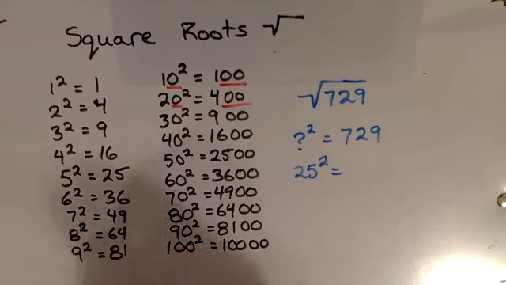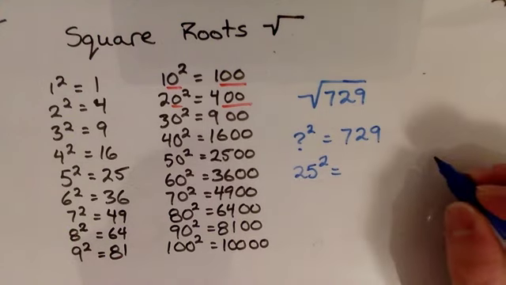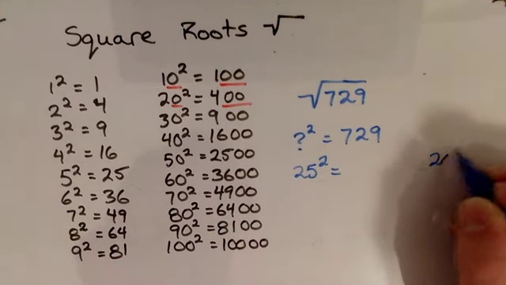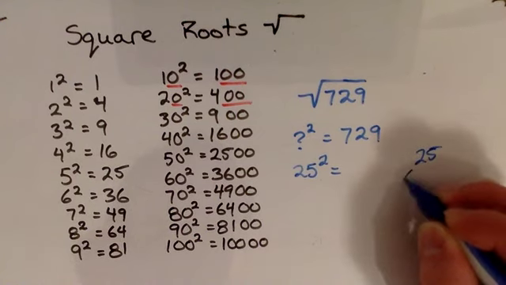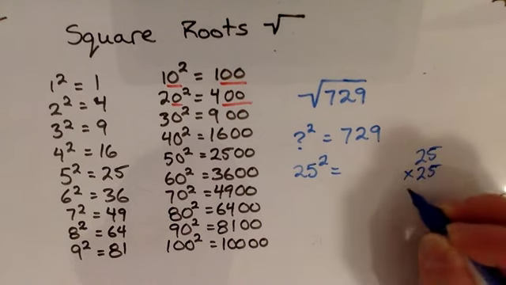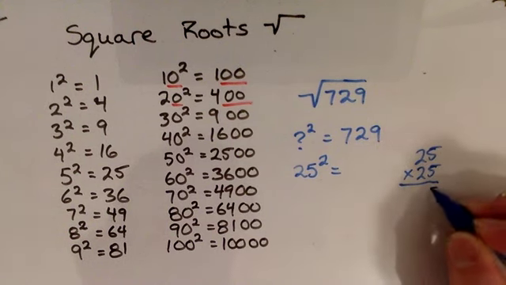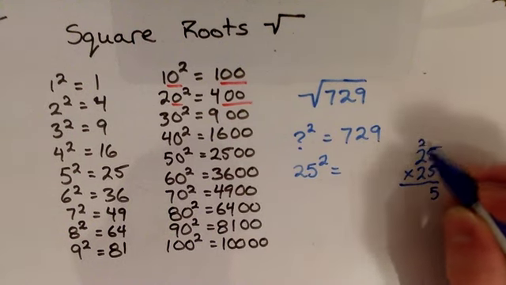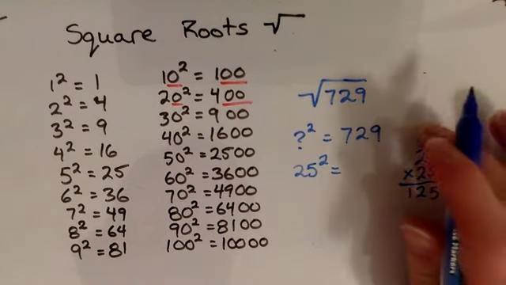You can use your calculator, or you can do the math longhand. I'll do it longhand. So if I had 25 and I multiplied that by 25, then I would very quickly have 5 times 5 is 25. Carry the 2. 2 times 5 is 10, so 12.